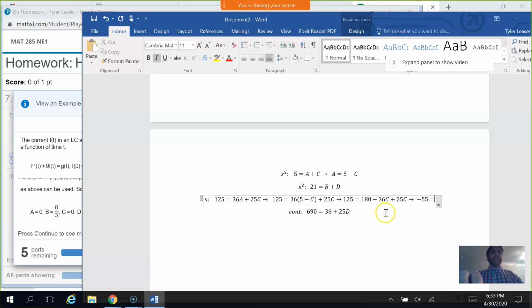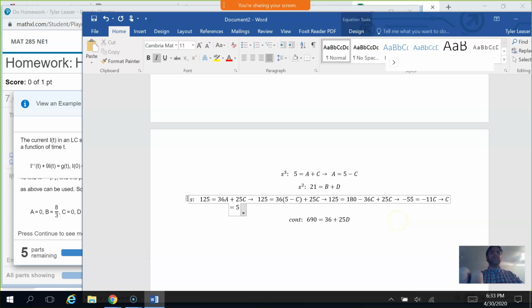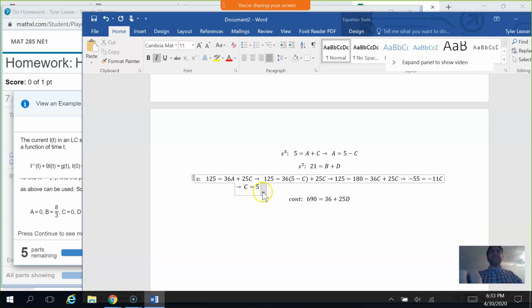And that's going to be equal to, this looks like it's going to be negative 11C. In other words, C is 5. We were so close to getting that on one line. Oh well. Okay. And now if C is 5, that means if I plug it back into here, we get A has to be 0, which is fine.